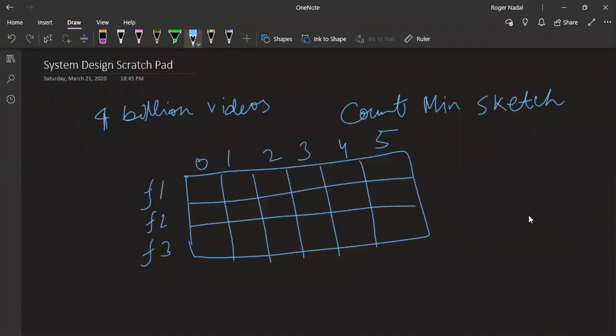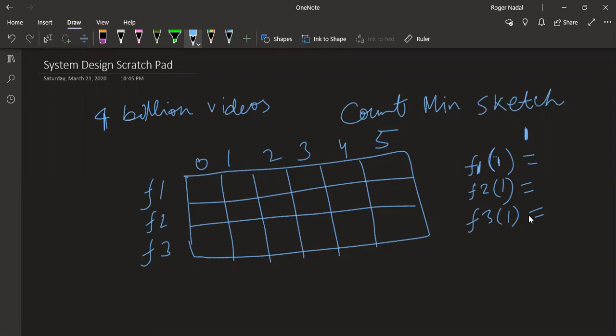Now suppose one video ID came, and for simplicity let's call it 1. You can suggest values for F1 of 1, F2 of 1, and F3 of 1.